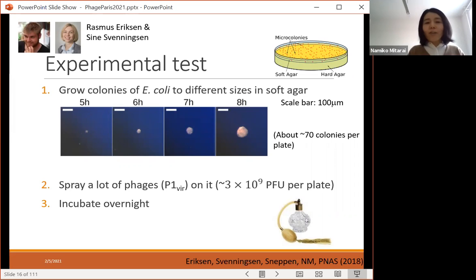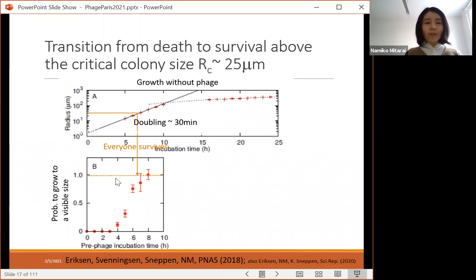Then we waited overnight to see if the colony kept growing or not. What we saw is that if we grew the colony for roughly 7 hours and then put the phage on, almost all of the colonies survived and kept growing to become bigger colonies.